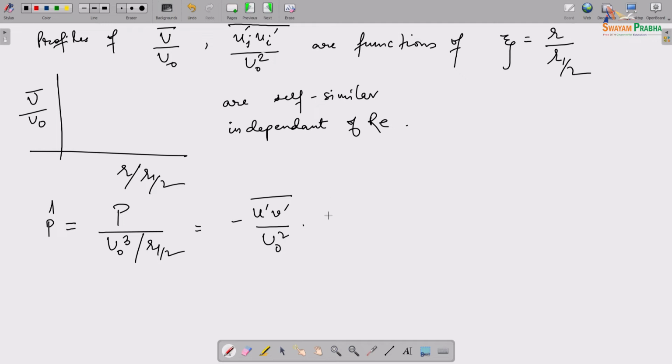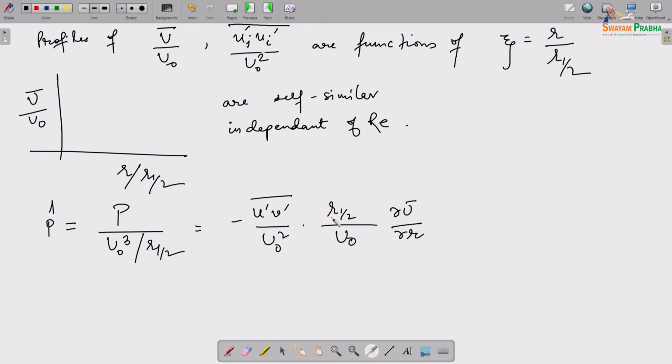This is what it means. Why am I writing it this way? The reason is that this is self-similar. If I plot it against r by r half, it's going to be self-similar. R half by u naught, so this is also self-similar.